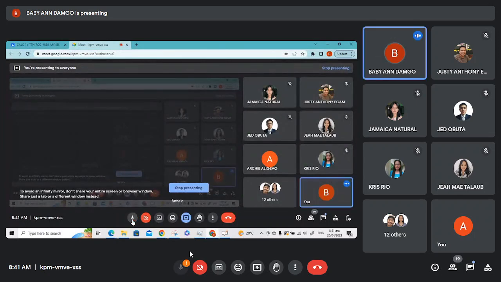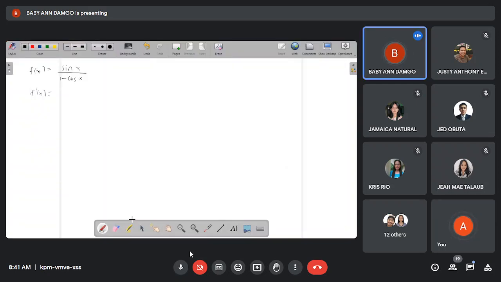Okay, what is the derivative, class? Sine squared x minus the product of cosine x times 1 minus cosine x all over 1 minus cosine squared x.